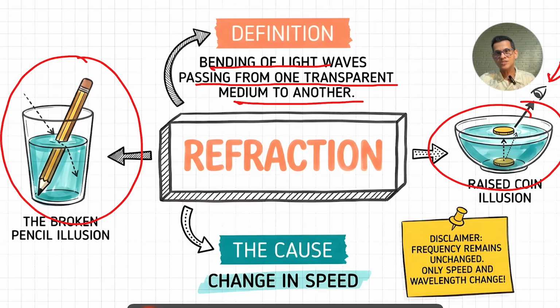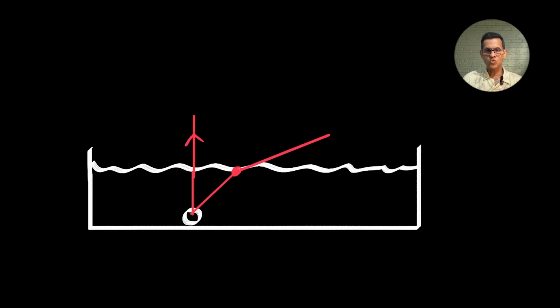This is mainly because our eyes are not made to follow a bent path of light, but they always follow a straight path of light. So what I've drawn here is a simple diagram wherein I have shown a container with water, and we have placed a coin inside the container here. Let's assume that there are two light rays which are starting from the coin and moving out of the water.